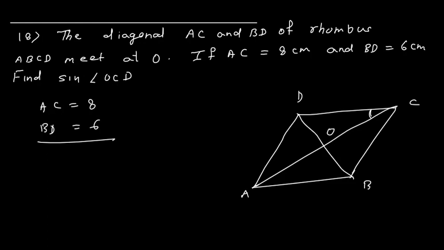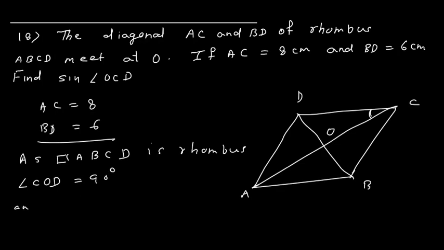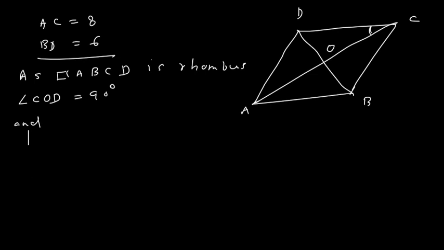By the property of rhombus, as ABCD is a rhombus, angle COD will be 90 degrees, and OD is half of BD, which is half of 6, so this becomes 3.